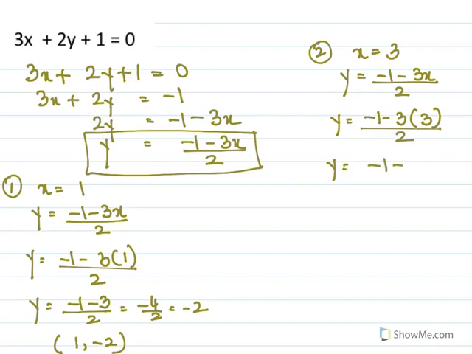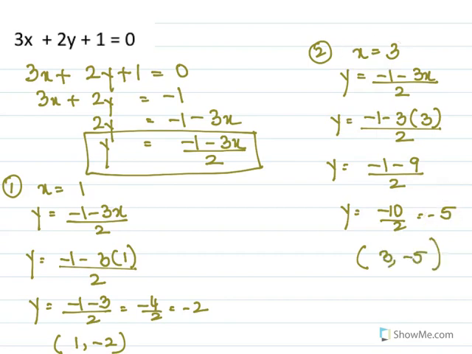So y equal to minus 1 minus 3 over, not 3, this becomes now 9, 3 3s are 9 over 2. So y is minus 10 over 2, which is minus 5. So x3, y minus 5.